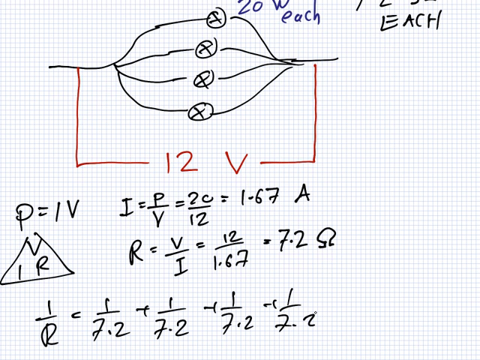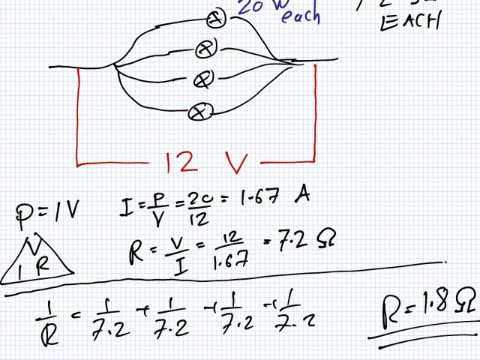So R equals 1.8 ohms. So in the first part here, I did it for each one, and then the bottom down here, this is the total.